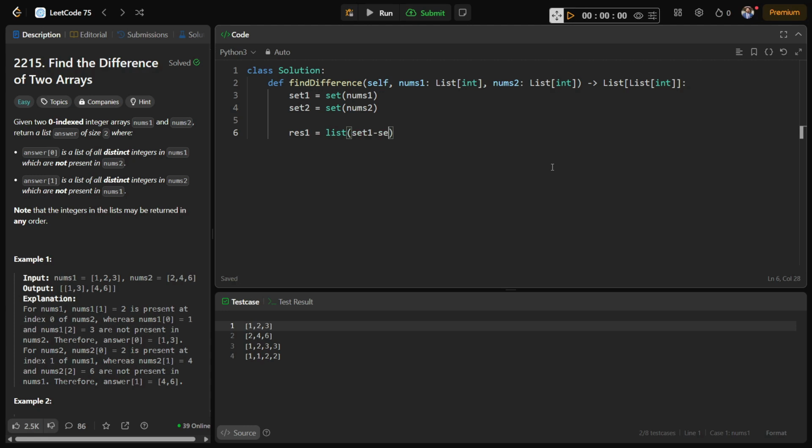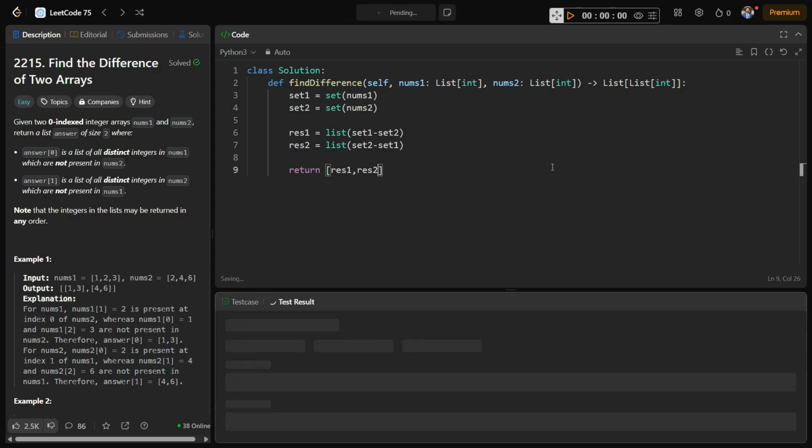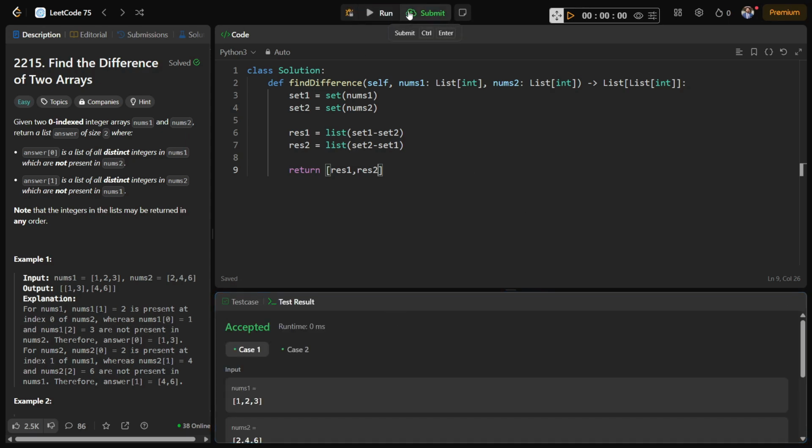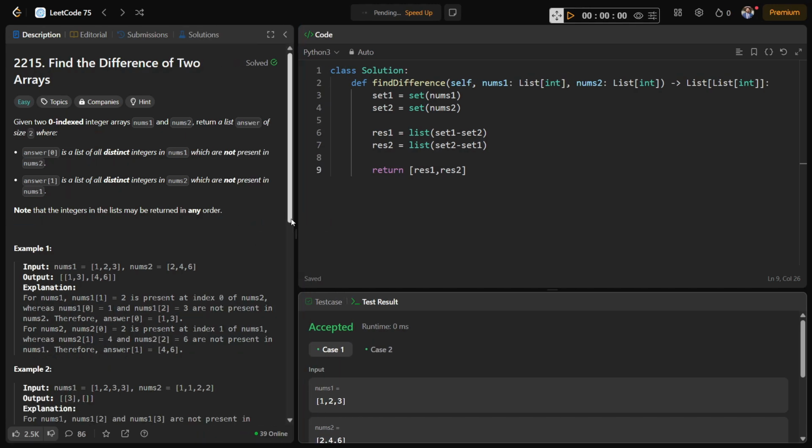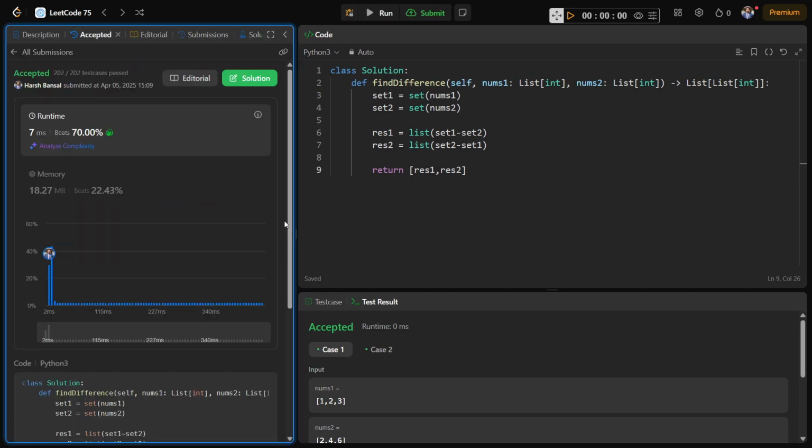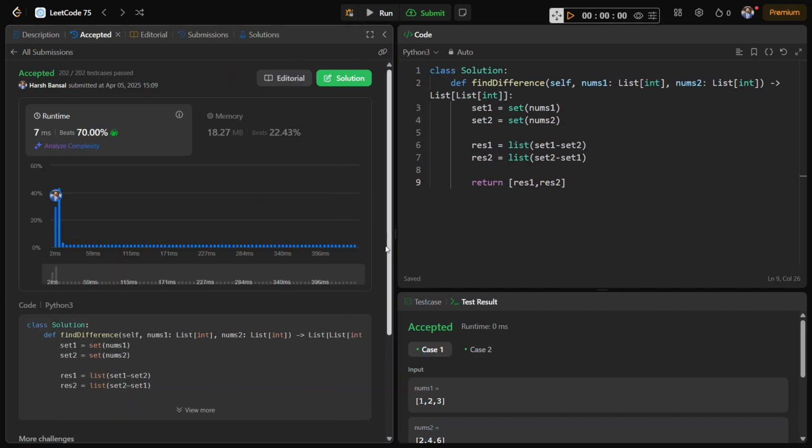Set1 minus set2. Result2, also the same, set2 minus set1, and we return result1, comma result2. Submit the solution. It got accepted. Now I also have a final submission. Okay, it got submitted. Great.